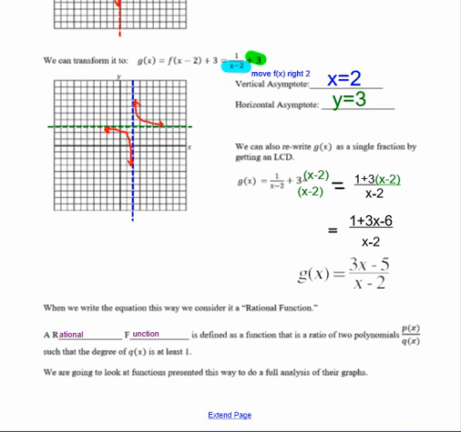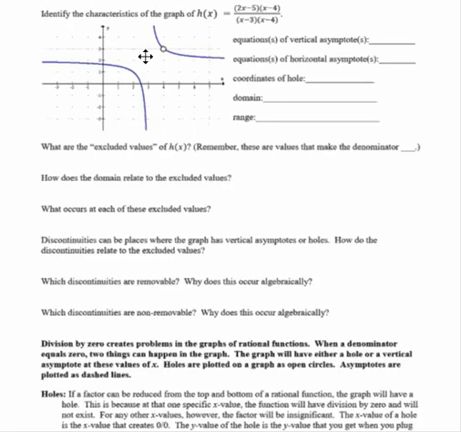As you turn to the back page, you'll see this function is actually given to us in factored form. So we can see the different factors in the top and the bottom, and if we were to multiply them out, we would see the two polynomials that make this be considered a rational function. When we look at the characteristics of this graph, we'll notice a few interesting things that are happening.